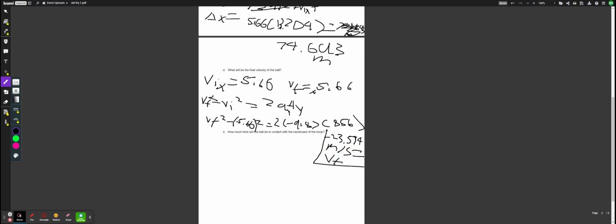Okay, how much time will the ball be in contact with the backboard of the hoop? This question is asking, excuse me, I need to show the video again. When the ball hits that backboard right there, how much time will it be in contact with that?